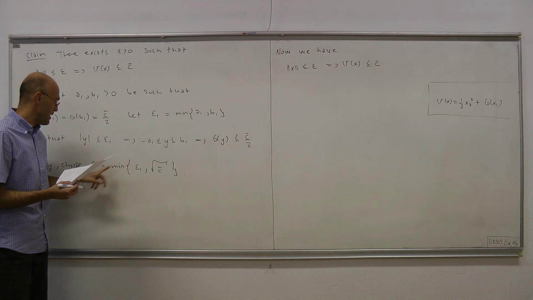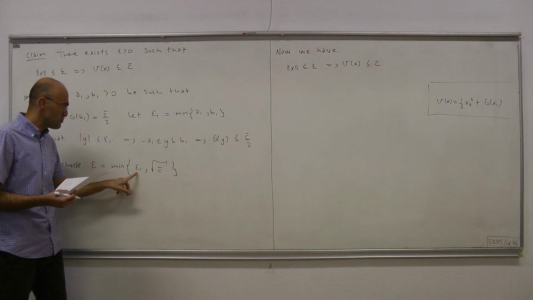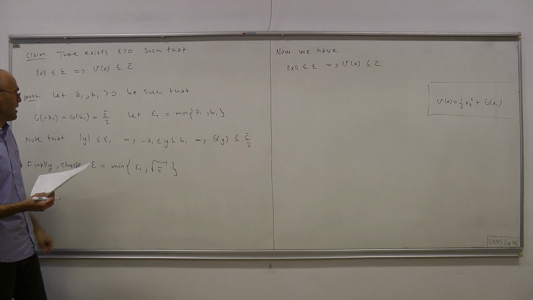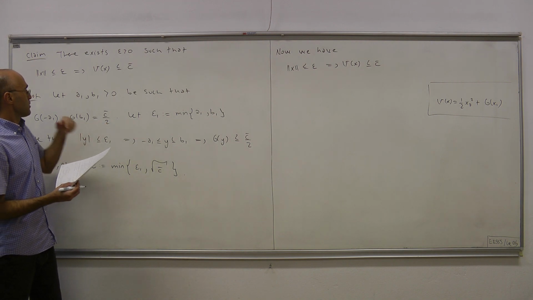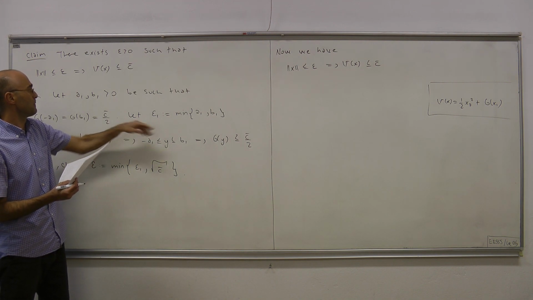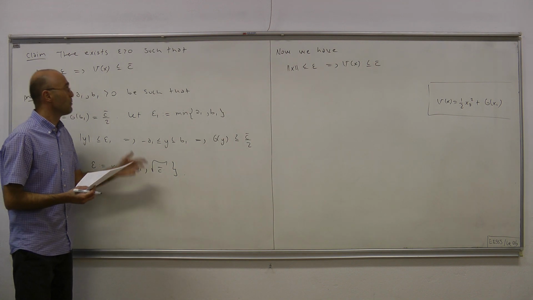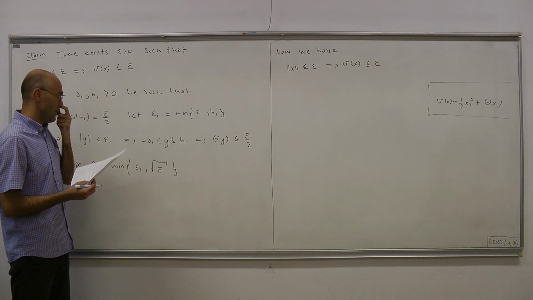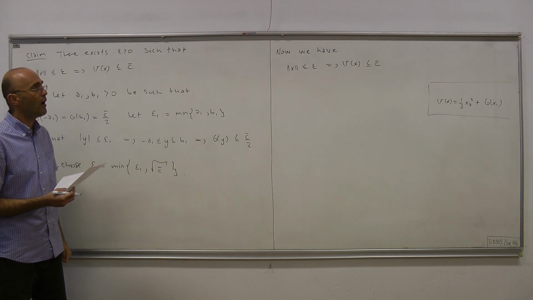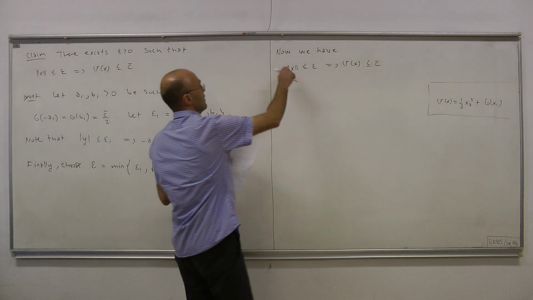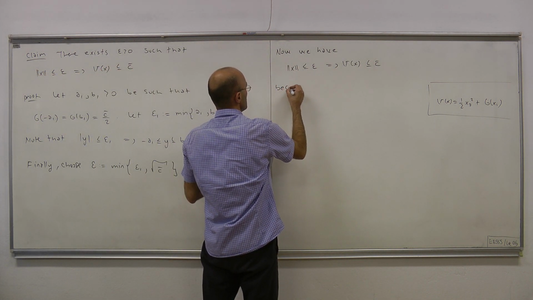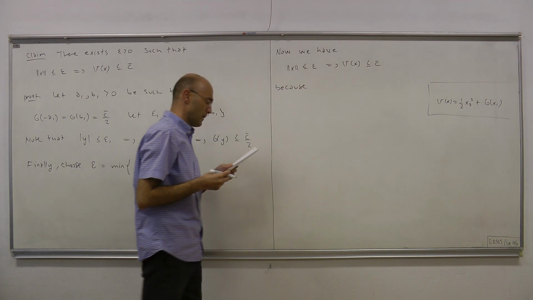Our claim is that if you choose epsilon as the minimum of epsilon 1 and the square root of c bar, where epsilon 1 is defined here and c bar is given in the claim, then everything is okay. Now let's see why everything is okay. This is true because of the following.